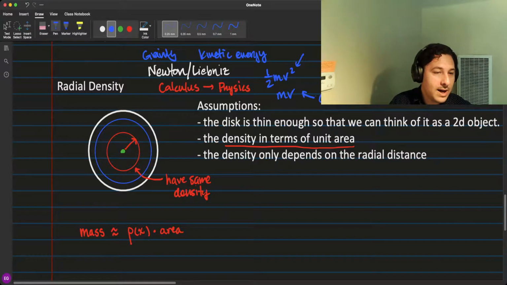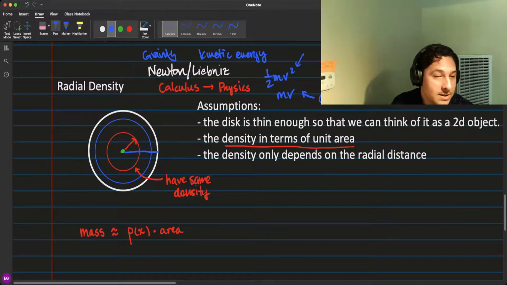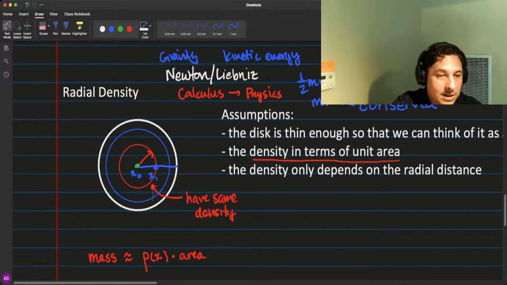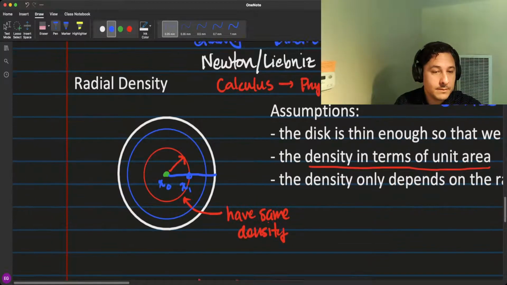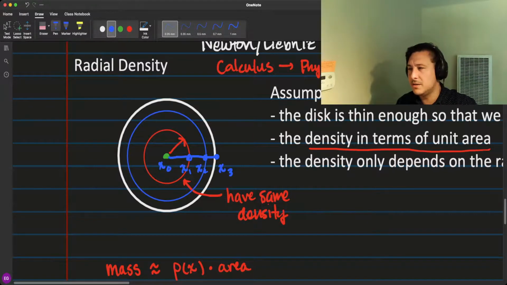So if you draw a radius right here, concentric rings, exactly. So the center would be your x0, this point right here would be your x1, this point right here would be your x2, and that point right there would be your x3. Now, I didn't draw it very well, but does it make sense that they should be equally spaced?